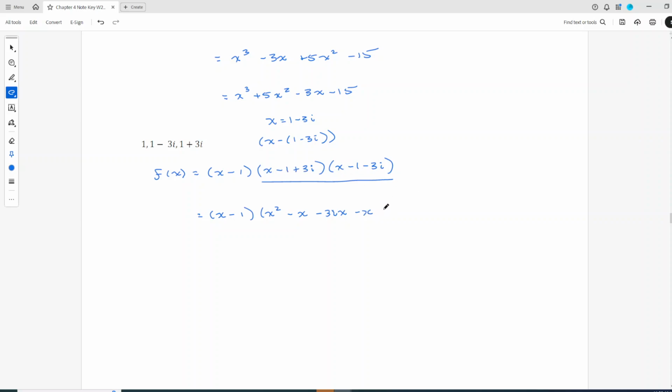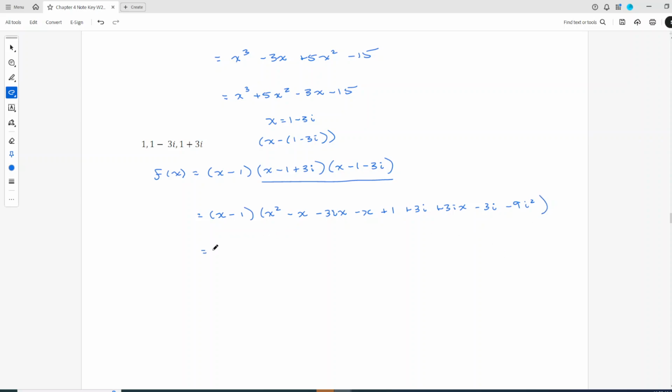Negative 1 times negative 1 is plus 1. Negative 1 times negative 3i would be positive 3i. Then I've got 3i times x, so I've got plus 3ix. This is painful, hey? 3i times negative 1 is negative 3i. And then 3i times negative 3i is negative 9i squared.